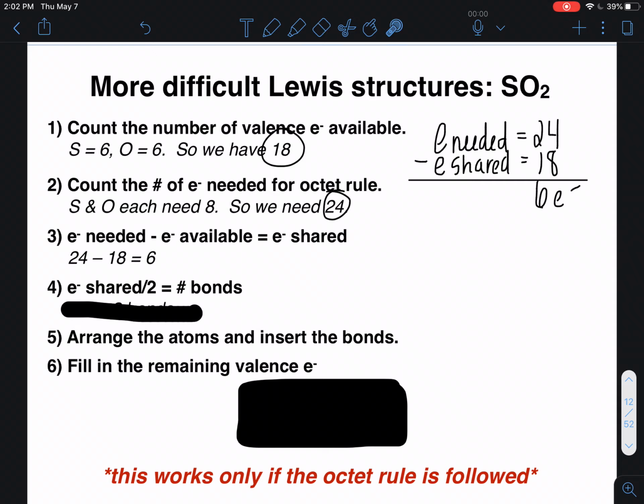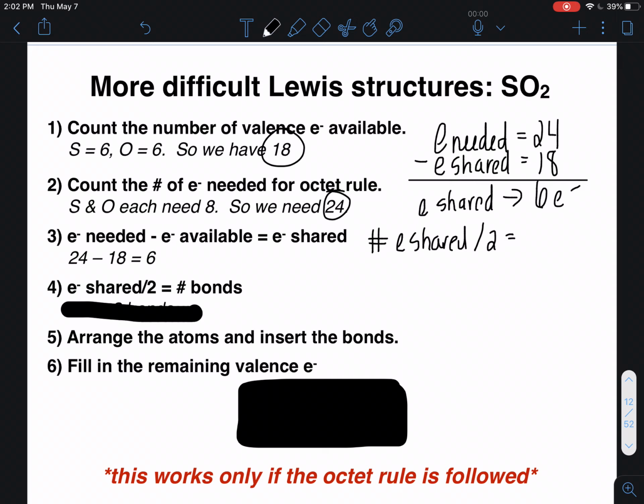Then you're going to take this information and figure out the number of bonds that this represents. So the number of bonds is going to be E shared divided by 2. Why 2? Because each bond is worth 2 electrons.